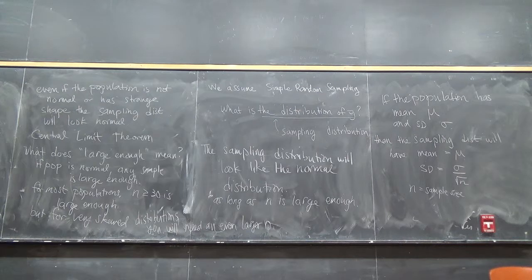You get some people literally making 1,000 times more than someone else. Okay, so that is sampling distributions.